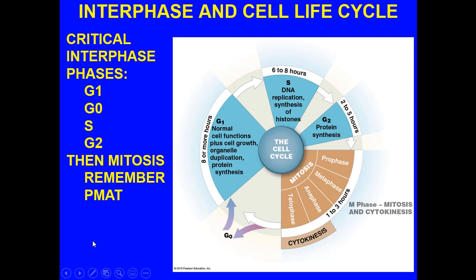Now, there are critical interphase phases, and this is part of the life cycle of a cell. Let me start right here at what would be called G1. If we stop at G1, we go into what is called G0. What's the difference?